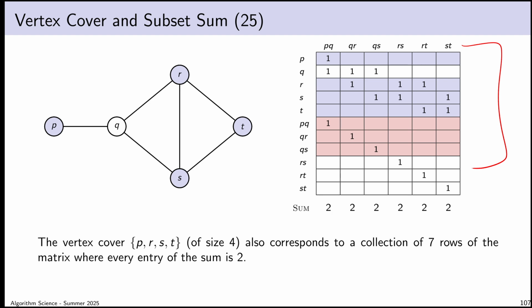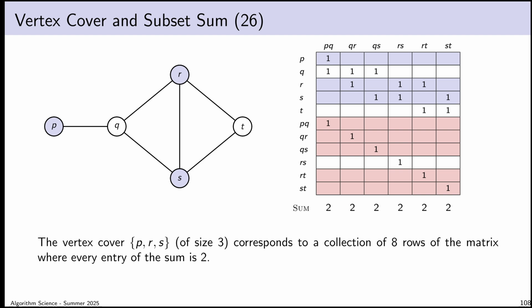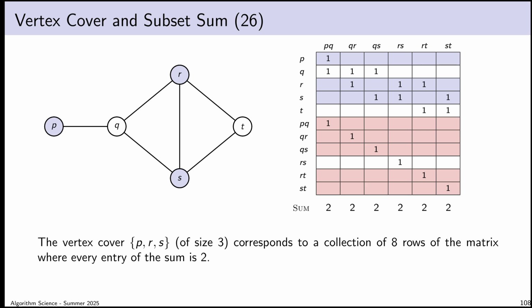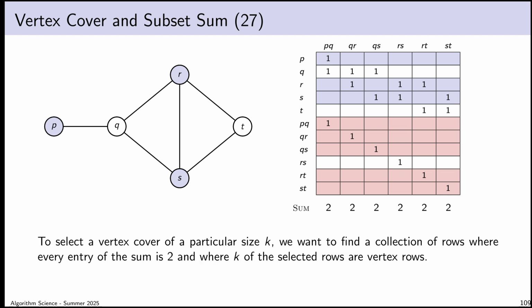I need to add something else to this to get that control back. And then there's one more example. Here is a vertex cover of size 3 again, but this vertex cover happens to correspond to a collection of 8 rows of the matrix. And so here I have a vertex cover of size 4 that needs 7 rows. Here I have a vertex cover of size 3 that needs 8 rows. So clearly I need more control.